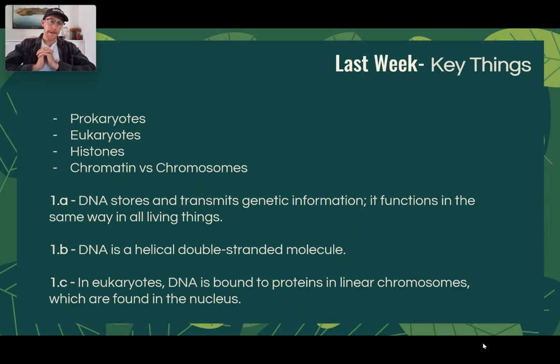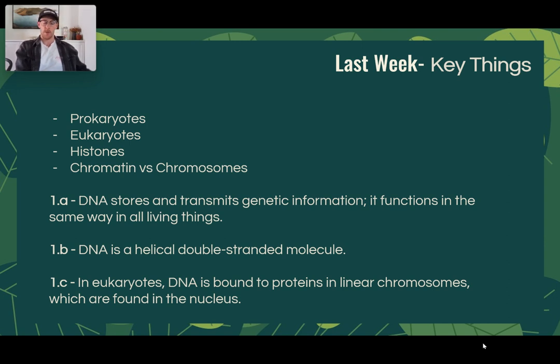Last week, we had a look at the key underpinning concepts in DNA. We talked about where DNA is found in these two different types of cells, so prokaryotic cells, things like bacteria, and eukaryotic cells, so us and all other multicellular organisms. We also talked about this idea that DNA is wrapped around histones in eukaryotic cells.